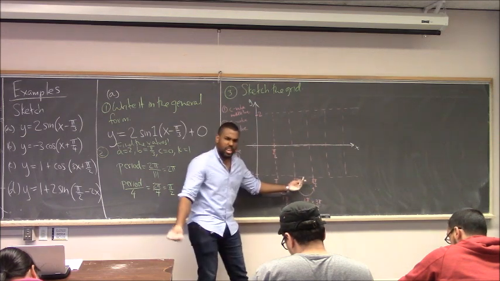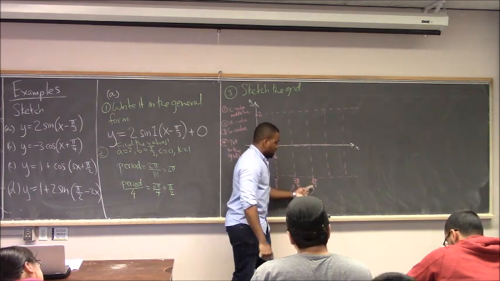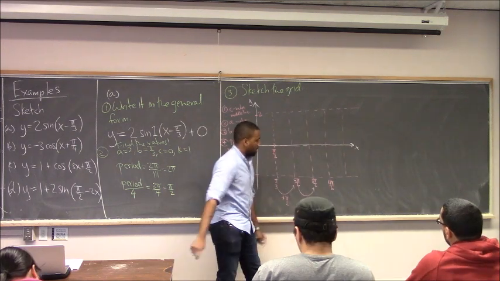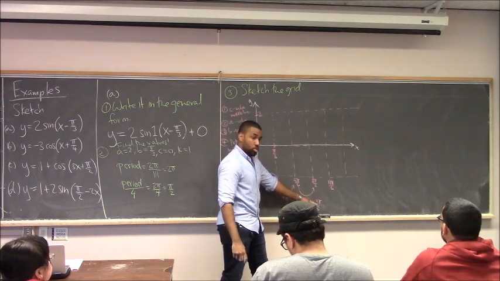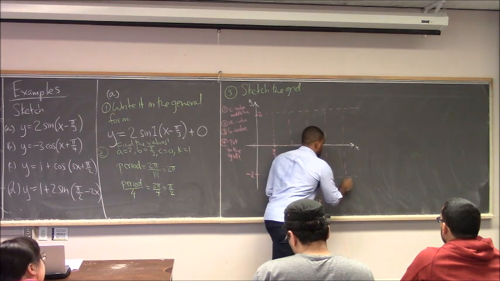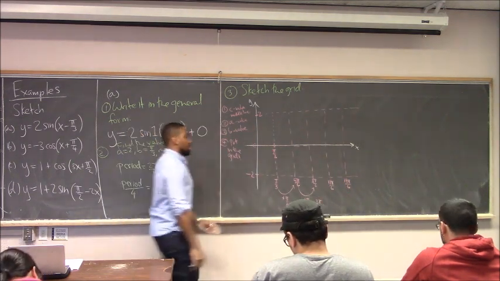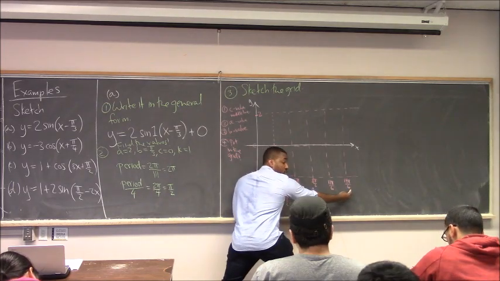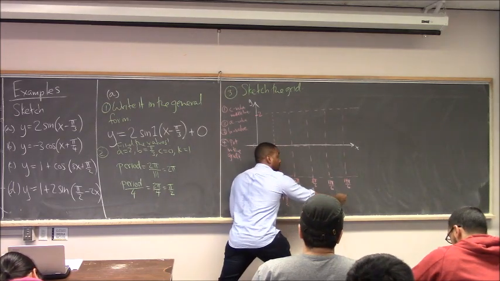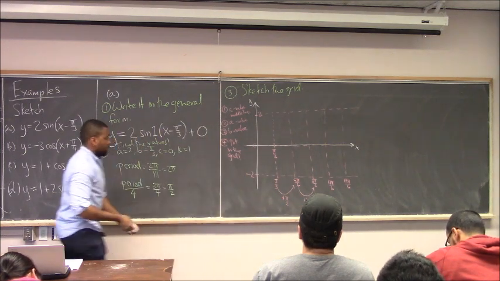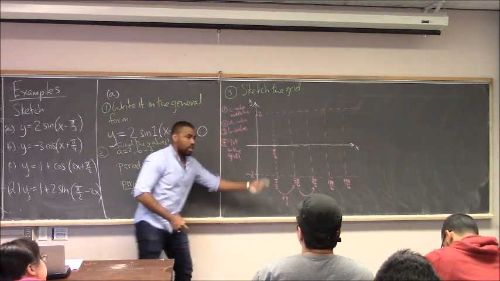Of course, you can simplify that. 8 pi over 6 plus 3 pi over 6, I get 11 pi over 6. 11 pi over 6 plus 3 pi over 6, 14 pi over 6. That will be the last point. You'll notice that the length from here to here is 2 pi. You can double check that: if I take this, subtract that, you'll get 2 pi. But the period over 4 is very convenient for finding all these numbers.